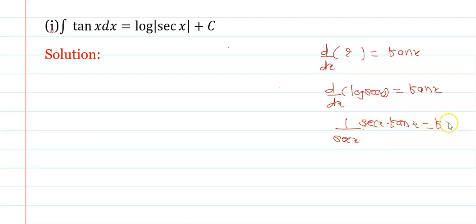You will get here tan of x is equals to tan of x, and hence the integral of tan x is log of sec x. For that, we will find out how the integral of tan of x is log of sec x with the help of the method of substitution. Okay, now see this here.